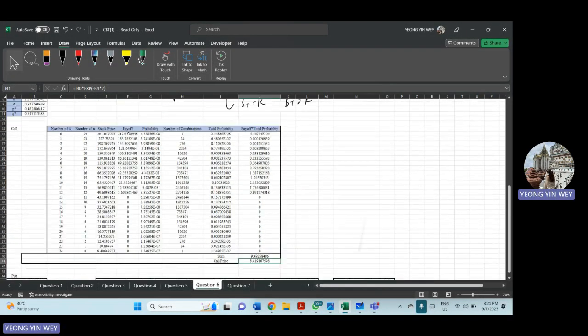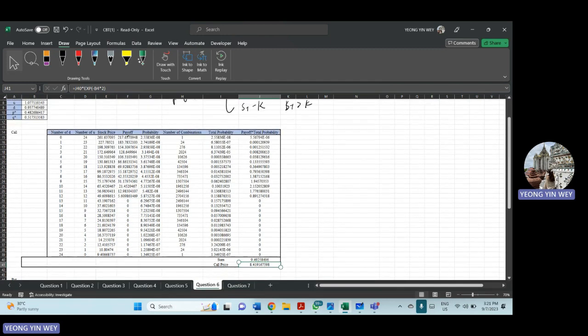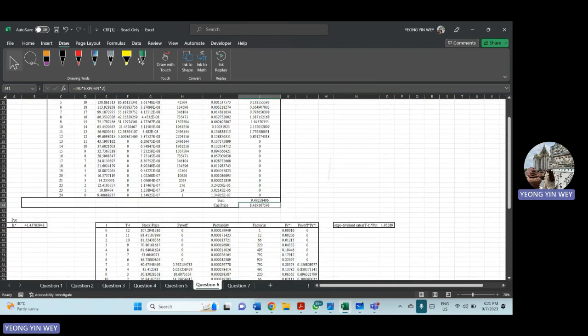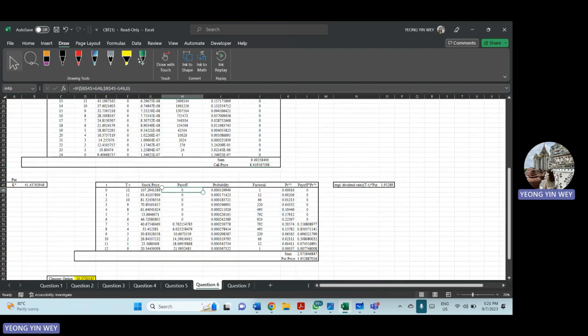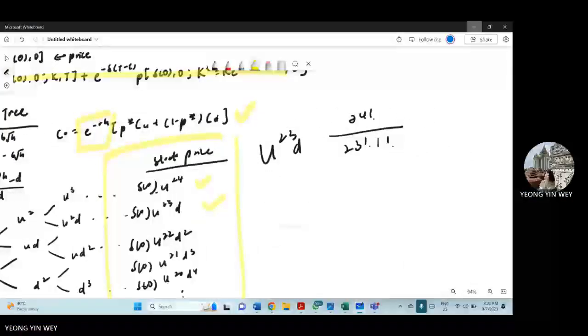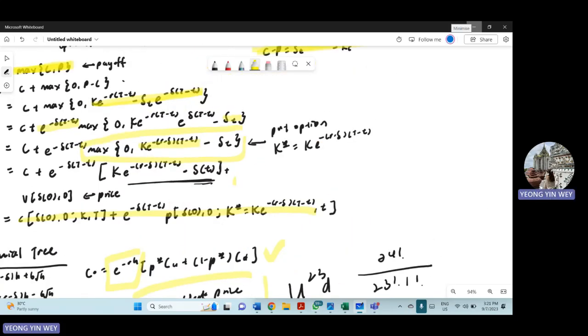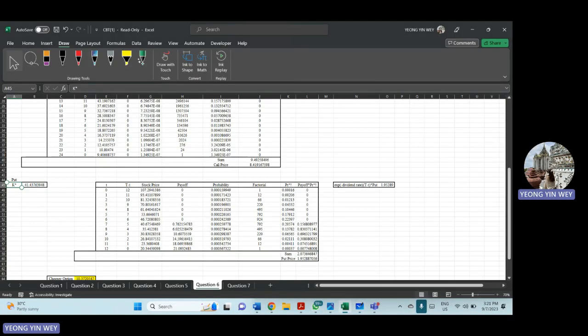Okay, next. Since the formula is the call price plus the put price, we will need to calculate the put price also using the same method. Just the K, we need to calculate the new K using this formula. So we will calculate it using K times the exponential of this formula, and then the rest of the table uses the same method.